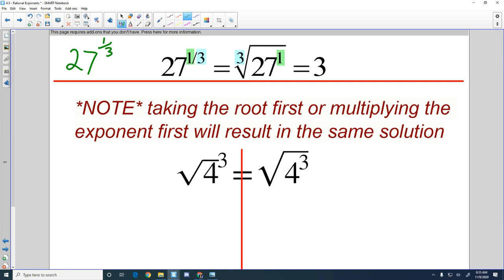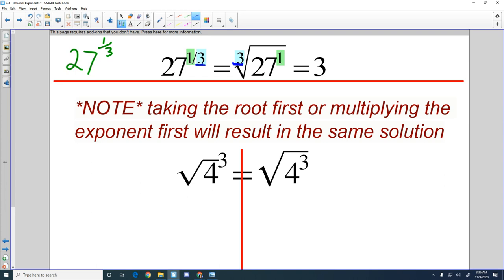All you do is take a look at that numerator and denominator, the 1 and the 3. This 3, this denominator, actually moves out in front of that term, in front of the 27 in this case. It becomes the index of a root. So an exponent of 1/3 is actually the same thing as a cube root. It's crazy.